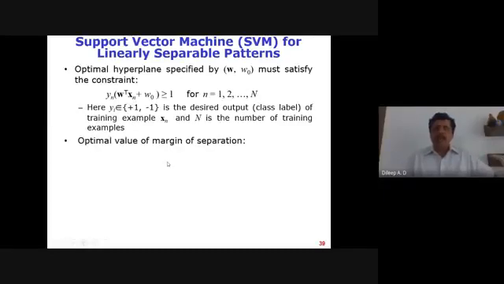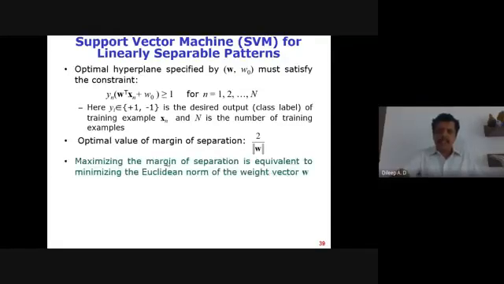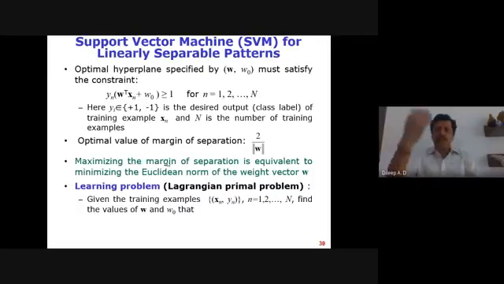Now what is the cost function I'm trying to optimize here? I'm trying to maximize the margin of separation, that is 2 by the norm of the weight vector. Maximizing this margin is equal to minimizing the Euclidean norm of the weight vector. If you consider the reciprocal, then it becomes a minimization operation in the optimization.